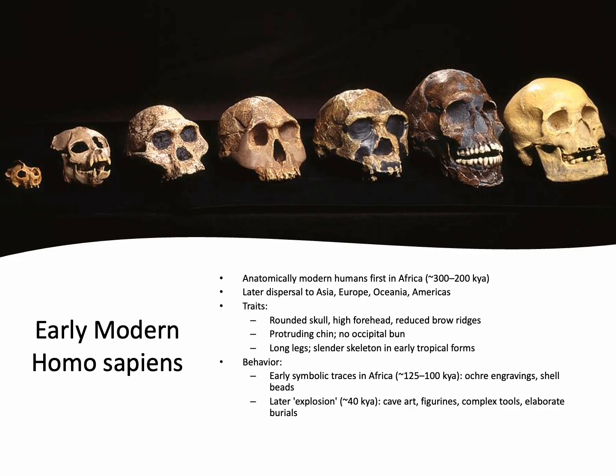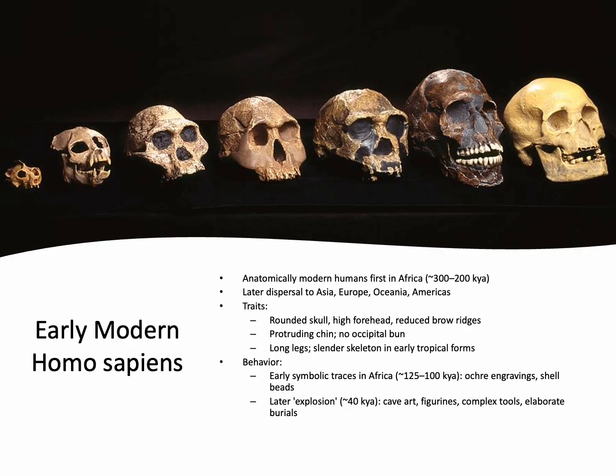Now we turn, finally, squarely to us, anatomically modern Homo sapiens. The earliest fossils that look clearly modern come from Africa and date to roughly 300,000 to 200,000 years ago. Over time, Homo sapiens populations spread into Asia, then into Europe by around 35,000 years ago, and eventually into Oceania and the Americas.